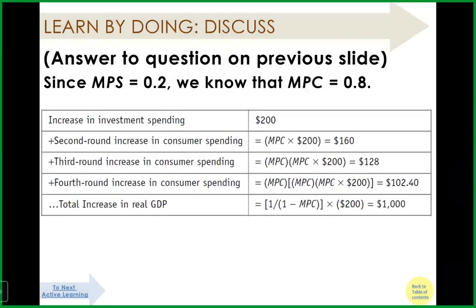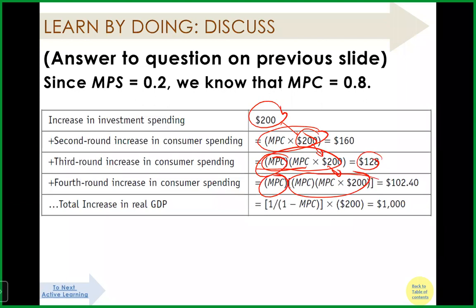So this is how we get it. This is the initial increase. Second round, third round was coming from here. This entire thing as income, and you have MPC. Similarly, you have these coming from here, and you have MPC.